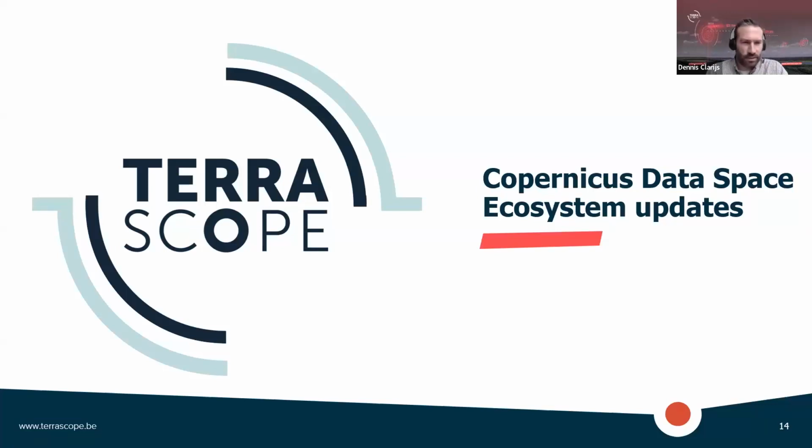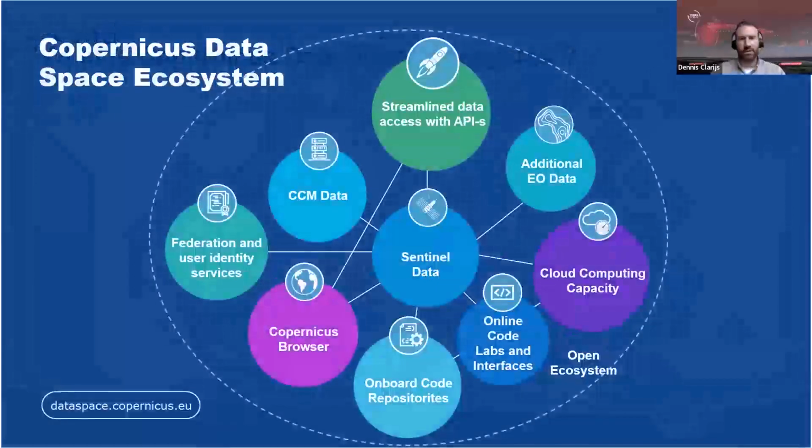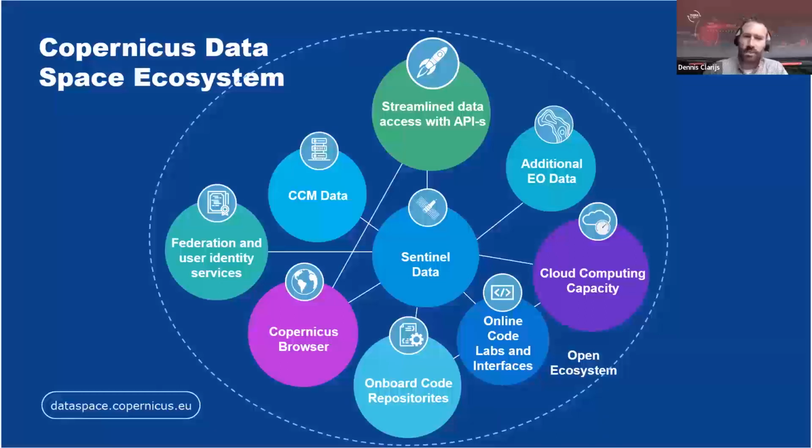Moving on, if the slides work. Okay, coming up. So the Copernicus Data Space Ecosystem contains quite a lot of things. In the middle, of course, the whole archive of the Sentinel data that is available, complemented with Copernicus contributing missions, some additional Earth observation data sets. So quite a lot of data there.